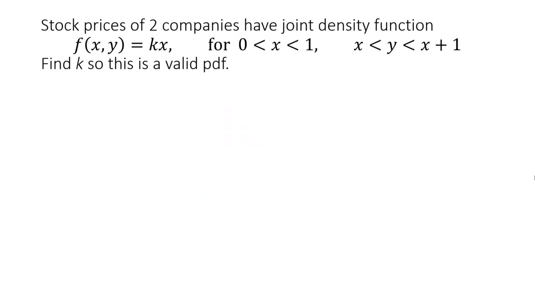Give this one a try. So stock prices of two companies have joint density function k times x for x between 0 and 1 and y between x and x plus 1. Find k to make this a valid probability density function.